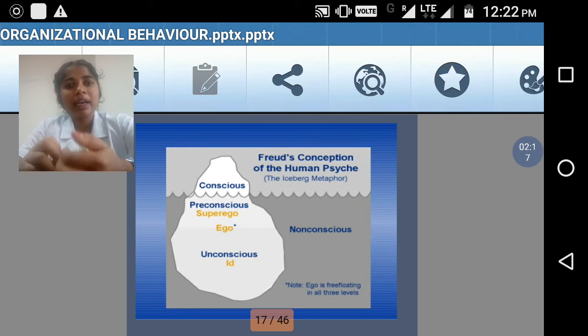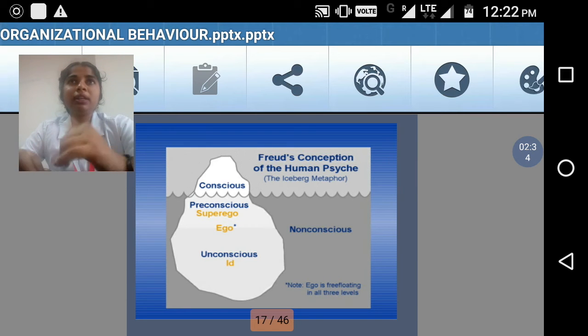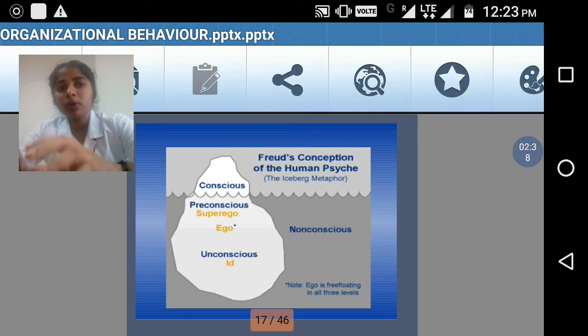The id is like a person who always does their wish. They are not able to think whether that is right or wrong. These kinds of people come under the id. What it is thinking, what it desires, it follows the same thing.